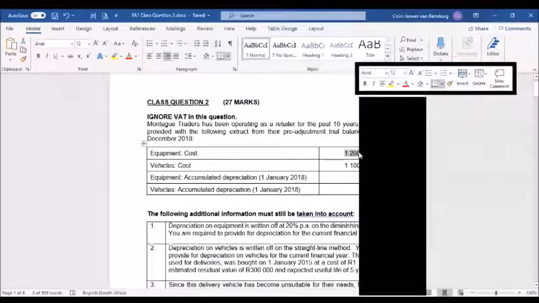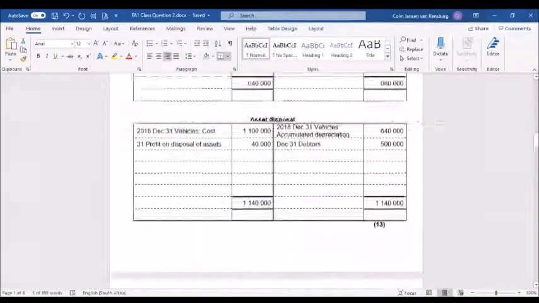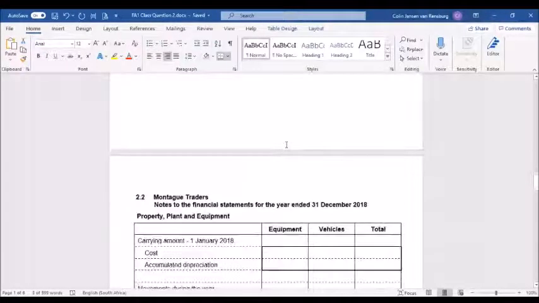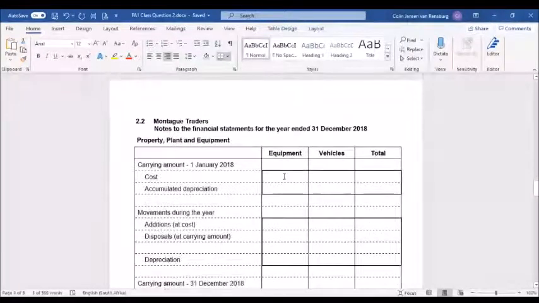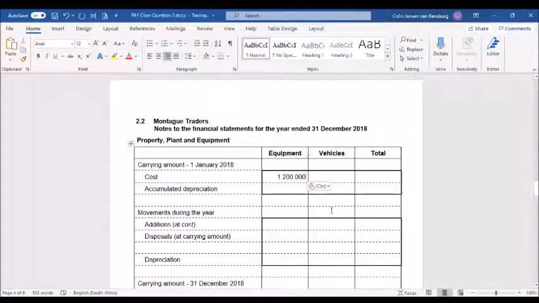So we are simply going to take our figures and insert them in our note. If you are using Word or Excel or any computer app to draw up your financial statements, which most of us do nowadays, you can just copy your figures over.